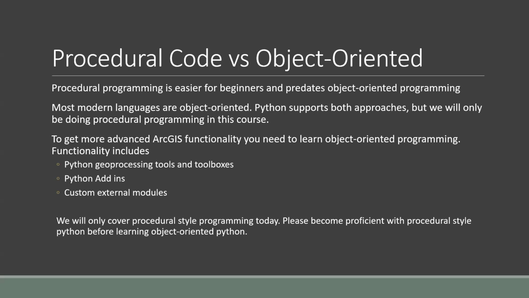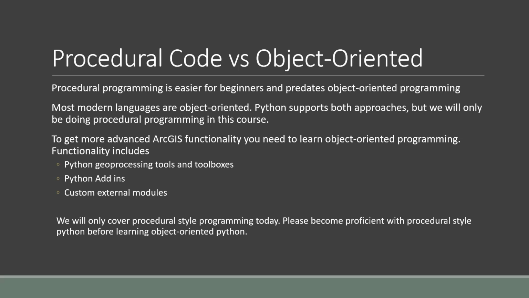And it generally predates object-oriented. Whereas object-oriented programming is much newer and involves a lot of abstraction, which makes it a little harder to understand, but the majority of the commonly used modern languages are object-oriented.